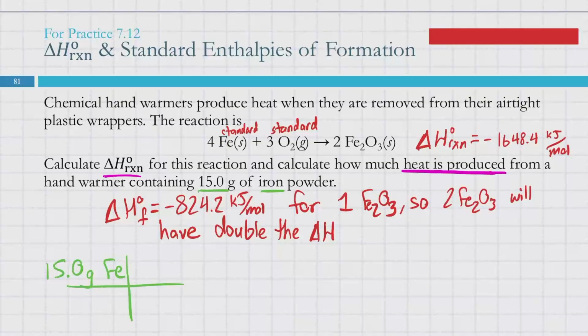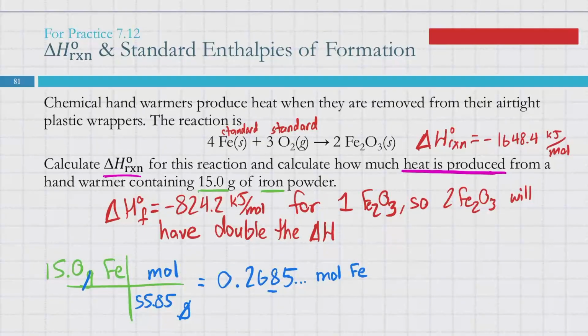And we need to convert that to moles. So we're going to find the grams per mole. For iron, 55.85. So we've got 0.2685, with 3 sig figs, moles Fe. How do we convert that into heat?